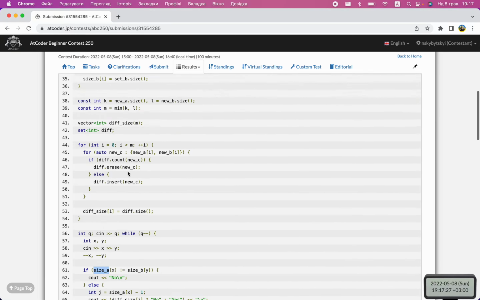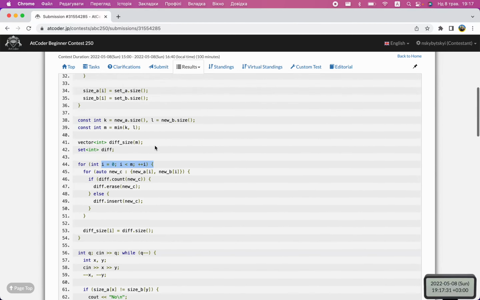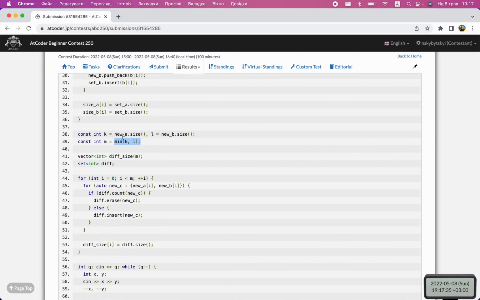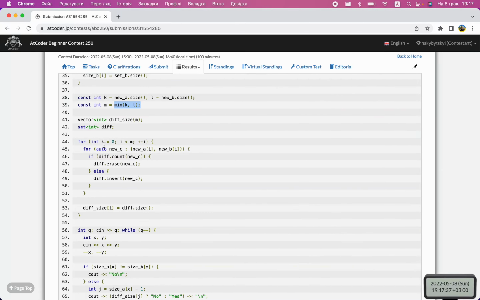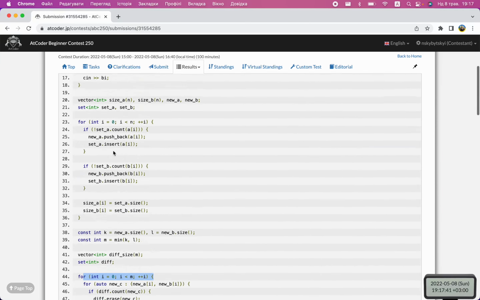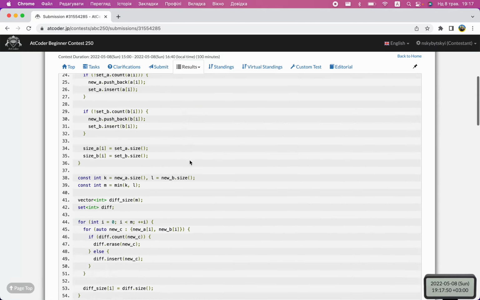So what if for each size, up to the smallest of the two final sizes, let's try to answer the question of whether the corresponding sets, the first k different elements in A and the first k different elements in B, are equal or not.